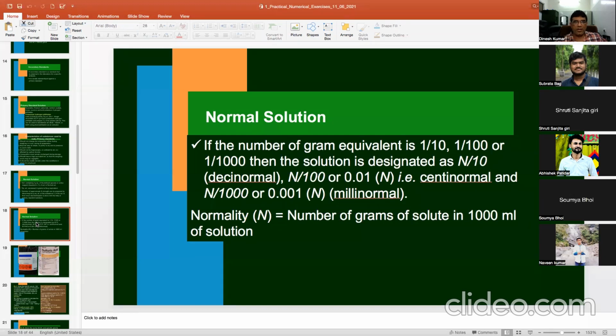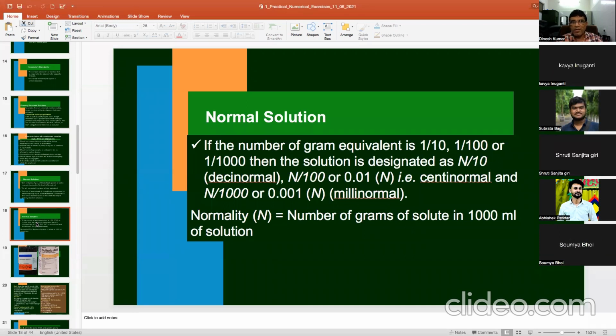Now the normal solution continues. If the number of gram equivalents is 1/10, 1/100, or 1/1000, then the solution is designated as N by 10, which you can write as decinormal. N by 100, or you can write it 0.01 normal, is one and the same thing. That is centinormal.